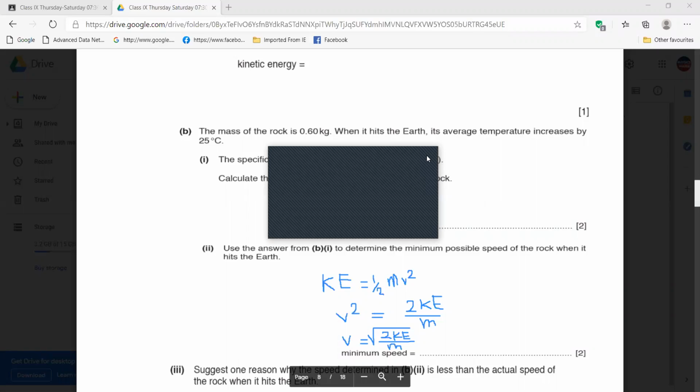Is it coming 167? Yes, sir, 167.33. So what was wrong before? During writing on the calculator, you should give brackets when you are doing this square root. Otherwise, the calculation is not coming clearly.